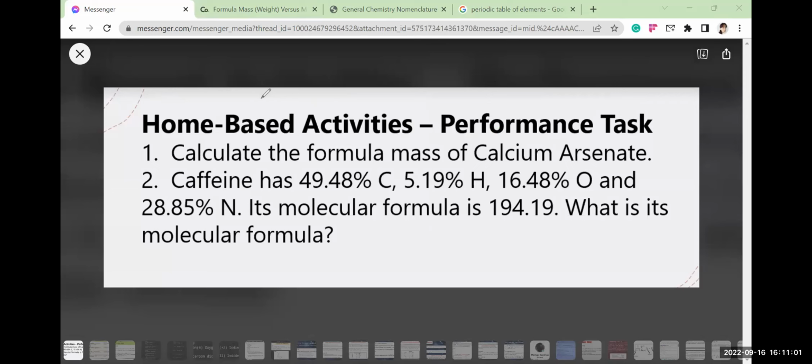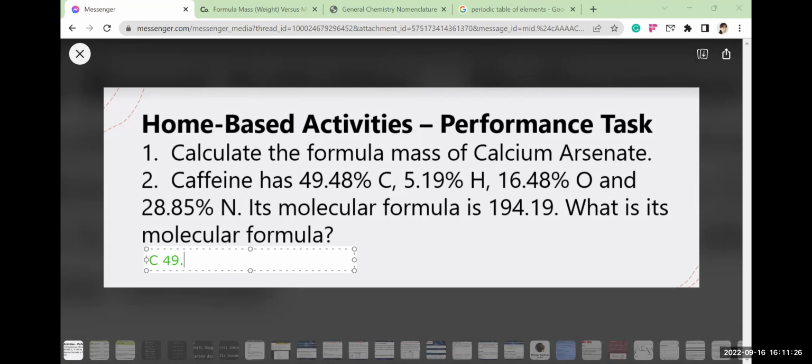So sabi natin, so meron kang caffeine. Caffeine is, so imaginein mo na lang na itong percentages, you have, basically, you assume na yan yung gram, yung mass niya.